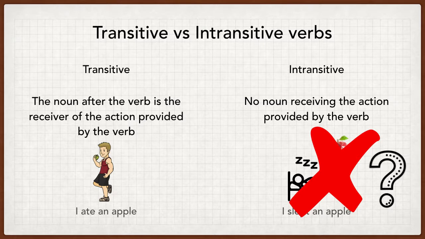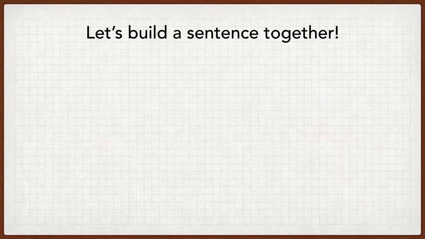Usually you say something like, "Last night I cried a lot," and in that case it is not a transitive verb because there is no noun which would be the receiver of the action of crying. I hope you understand.